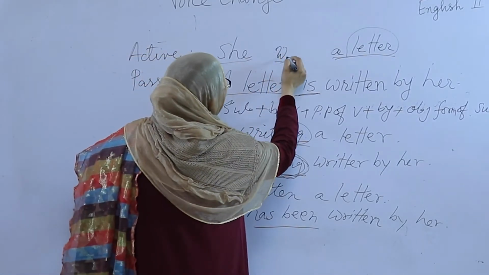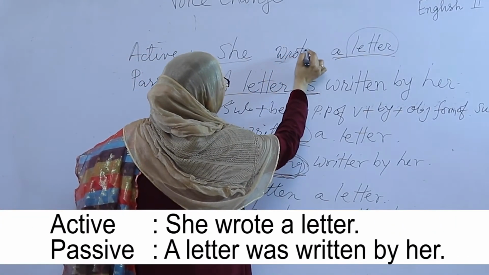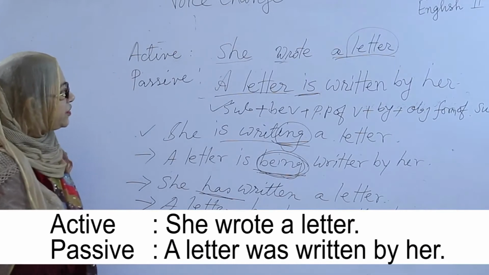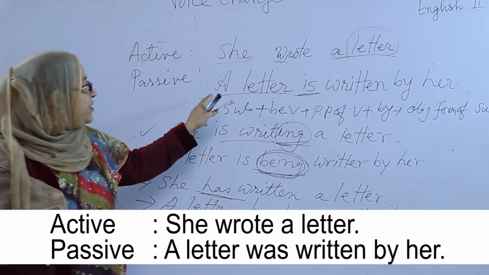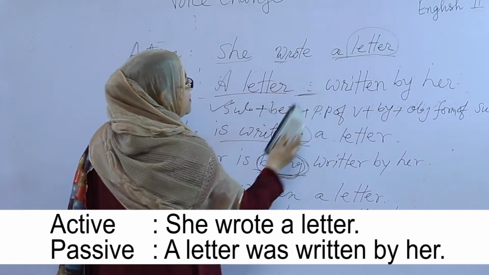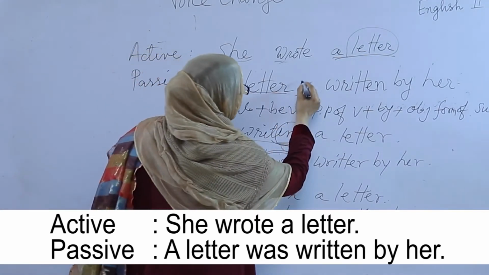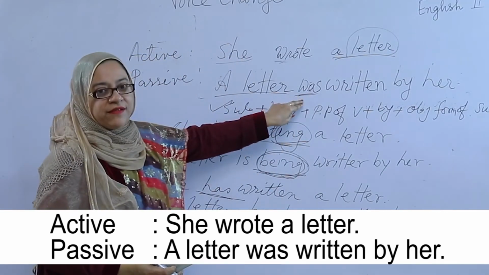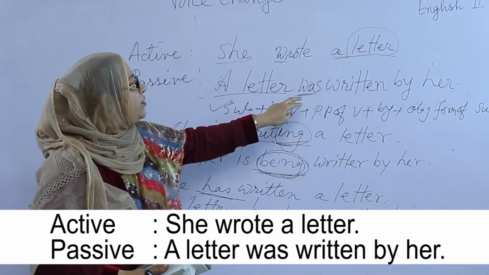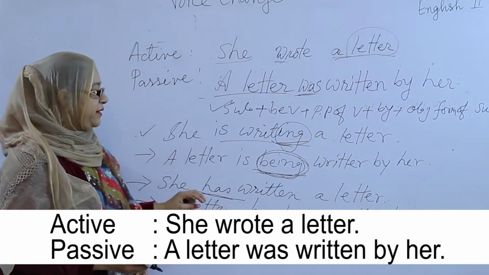I change the verb: she wrote a letter. How can I change it into passive? I only change "a letter was", because was is the past form. A letter was written by her.